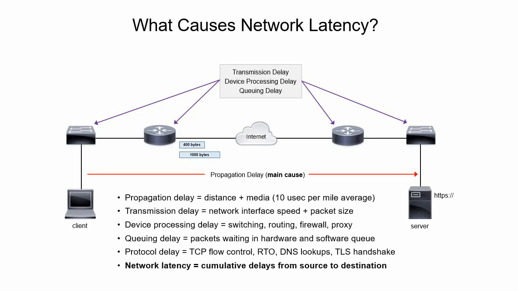Then there's protocol delay, which is involved with things like TCP flow control, retransmissions of packets, DNS lookups, and TLS handshakes. All handshakes are part of protocol delay, but specifically DNS lookups at the beginning of a session could be considered protocol delay as well.